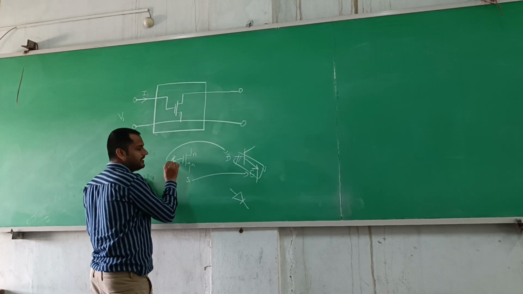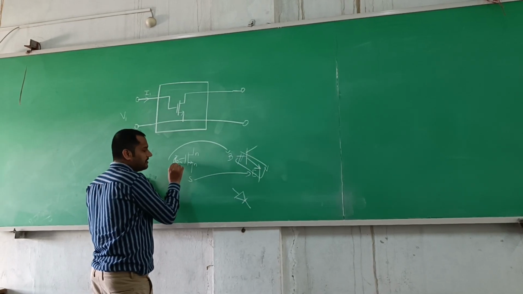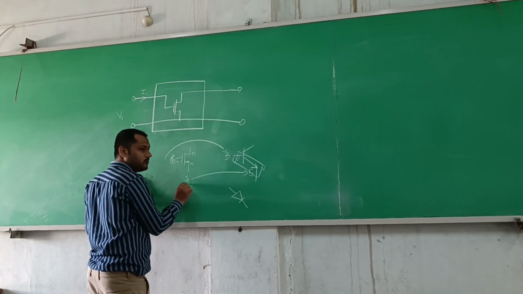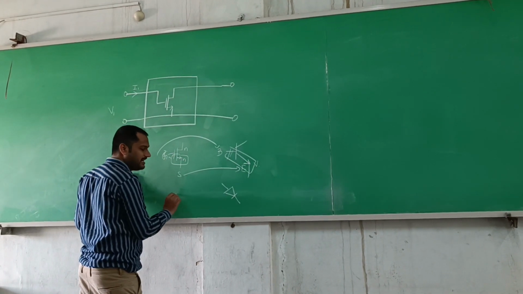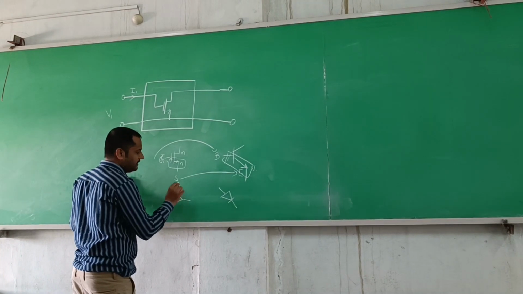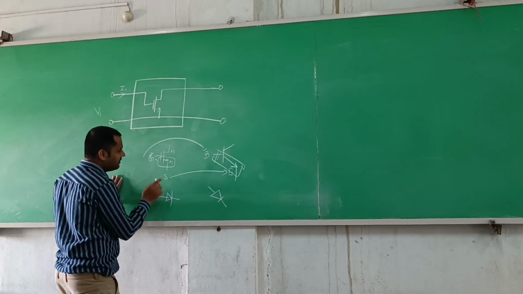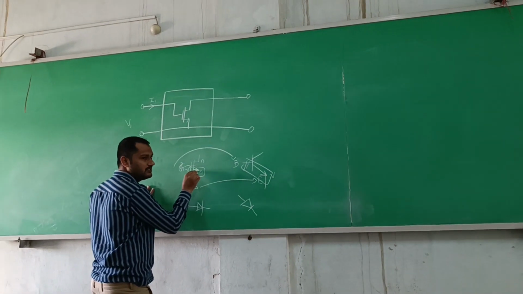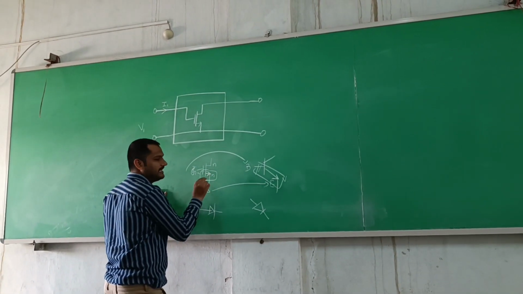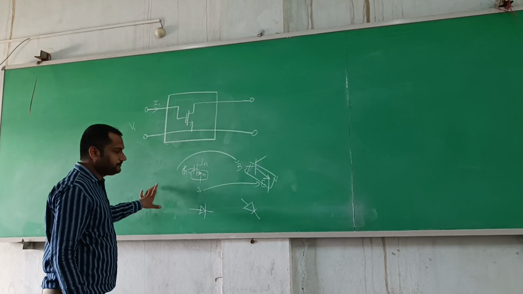Now we only take into account this stick, the gate versus source horizontal stick, and we put a diode arrow on it. This diode also has an arrow. This is also PN, and the arrow points from P to N. That's why this arrow. Okay.